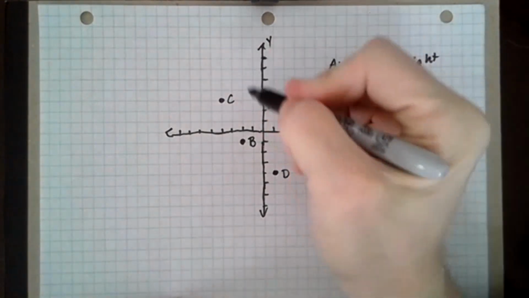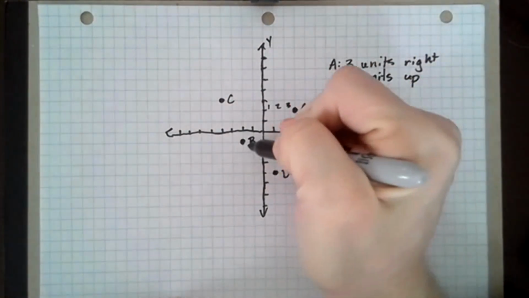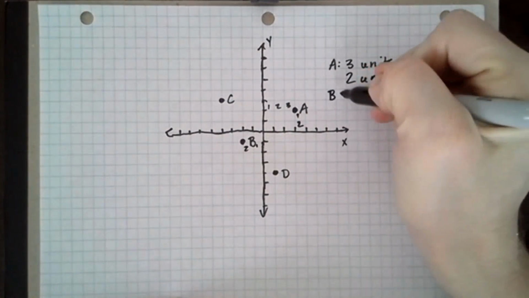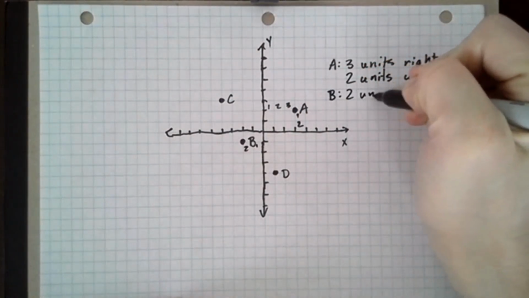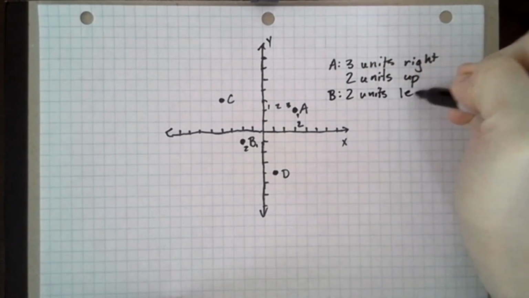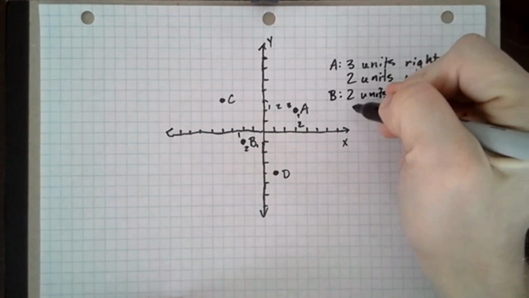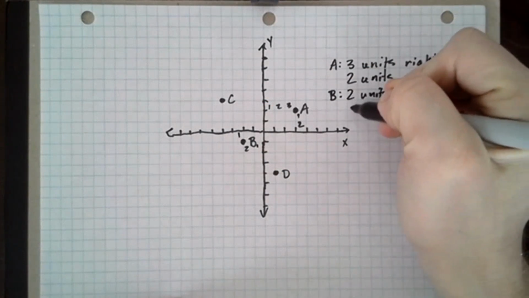For B, we count 1, 2 units to the left, and 1 unit down.